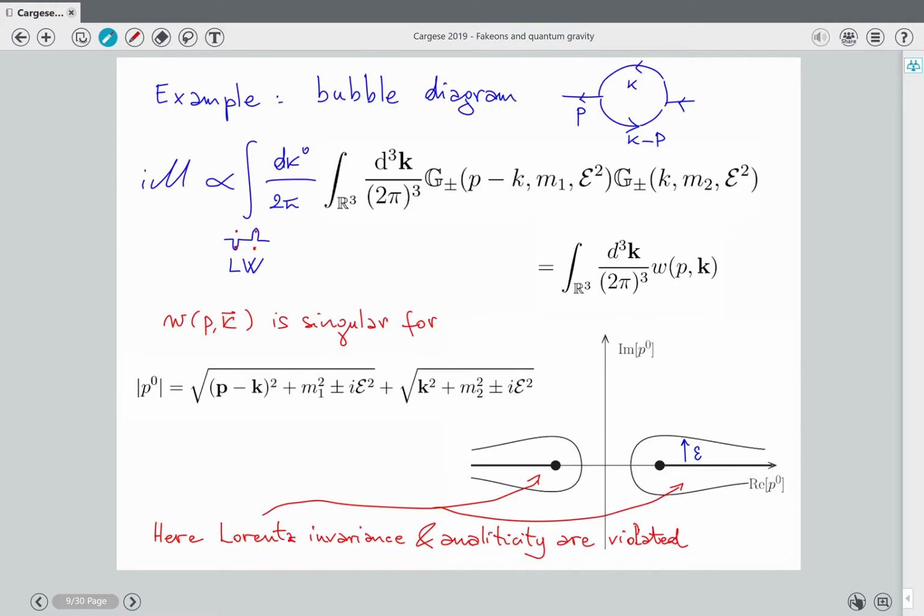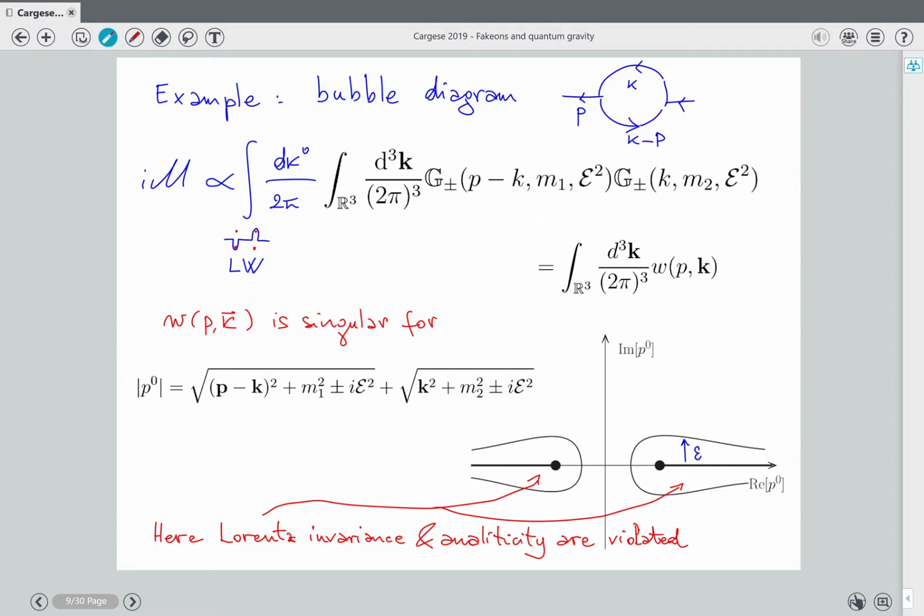So let me describe what to do to calculate a bubble diagram where you have two propagators and you have to integrate on the loop energy k0 and the loop space momentum k. What happens? If you integrate on the loop energy by means of this funny integration path, you will have a sum of residues.